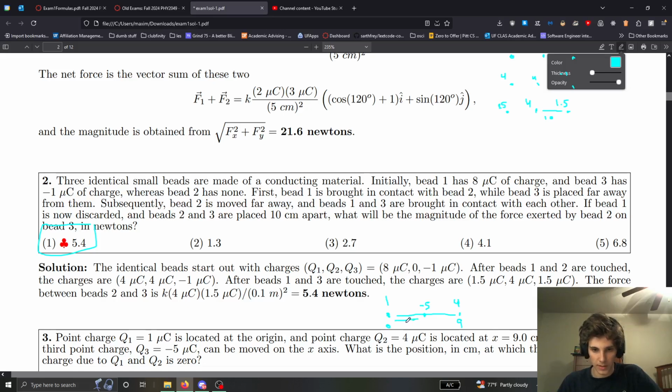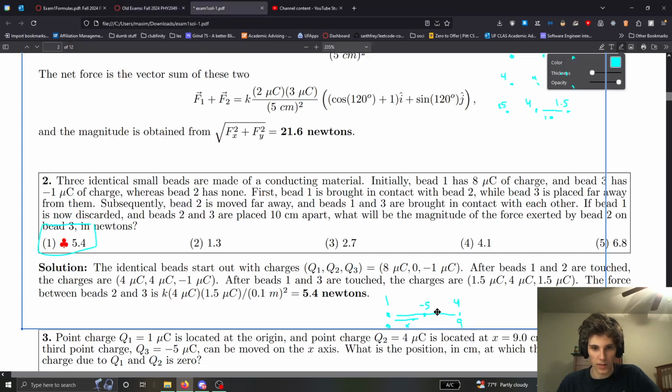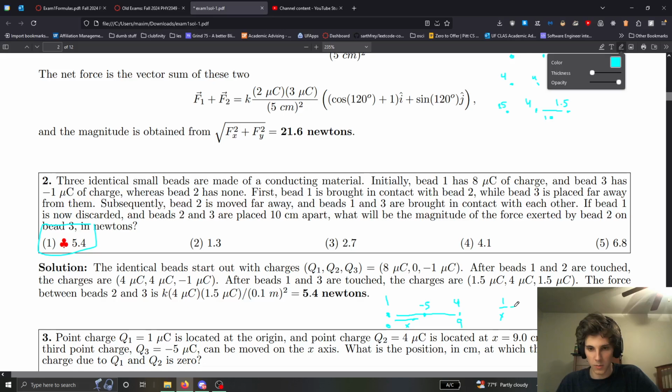To figure out how, let's define this as x. If that's the case, then we can just use Coulomb's law. In Coulomb's law, the k term will cancel and the q1, like the -5 term, will cancel. So effectively all we're saying is we want 1 over x squared to be equal to 4 over 9 minus x squared.